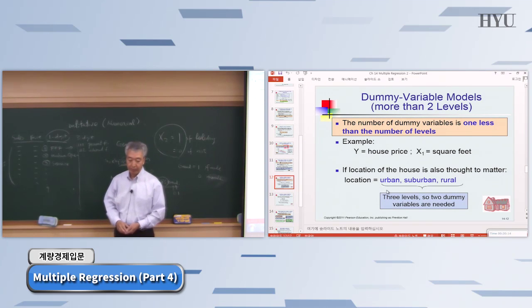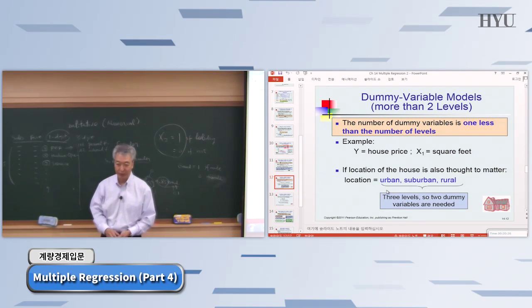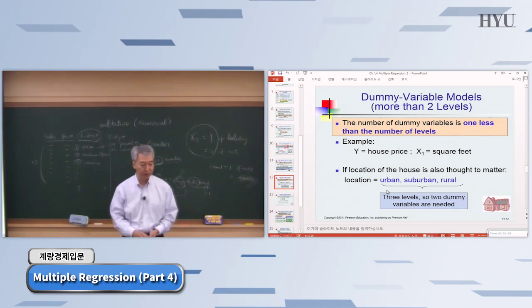But then you also want to include location. I think I gave you the joke, right? The most important determinant of house value is location. So let's say urban, suburban, and rural, 3 different categories.